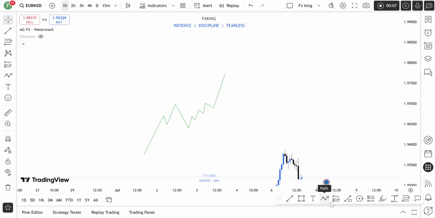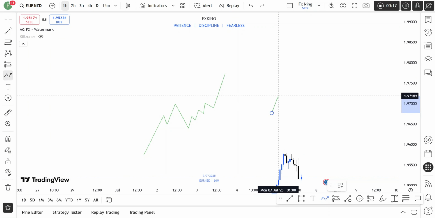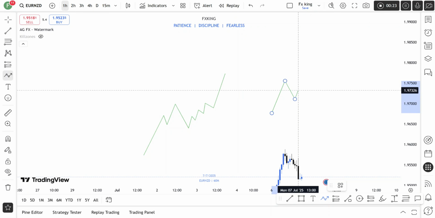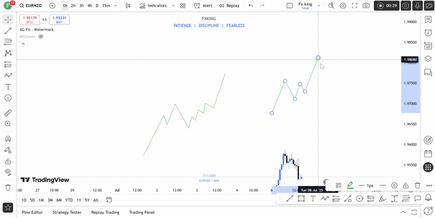Identify minor and major inducement as we first used to, before this upgrade. At first we used to consider an inducement minor when it's an internal pullback. Let's say we have a pullback like this, and after the market stops this pullback, it goes up and creates another pullback.